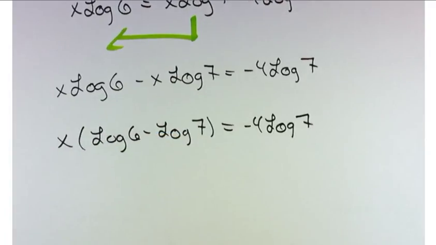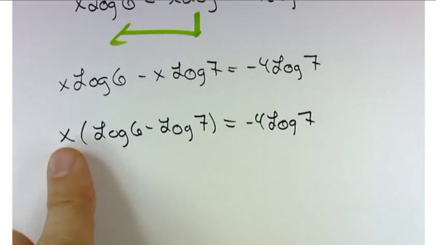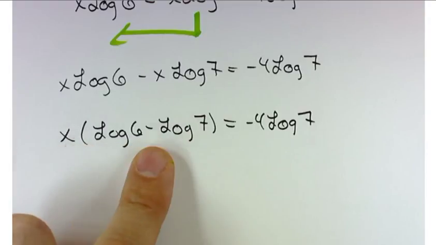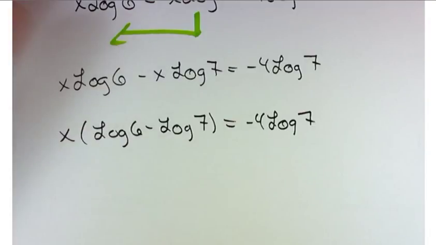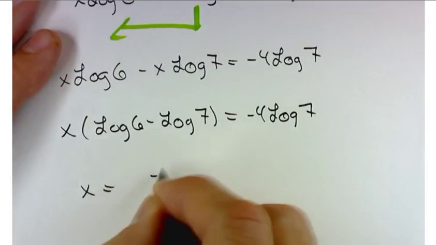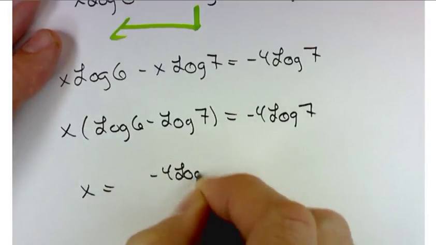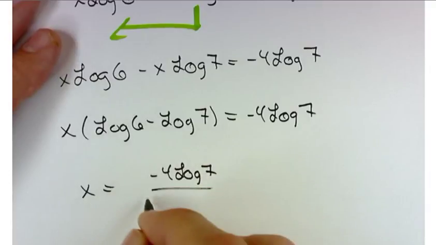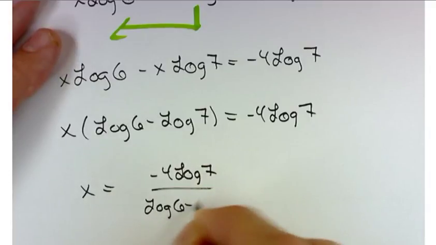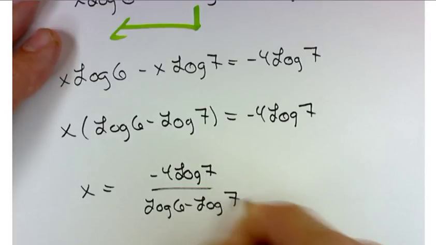But we're almost done. What's the last thing I need to do to solve? Excellent. This is getting multiplied by this term. To undo a multiplication, we'll do division. X equals -4 log of 7 divided by log of 6 minus log of 7.